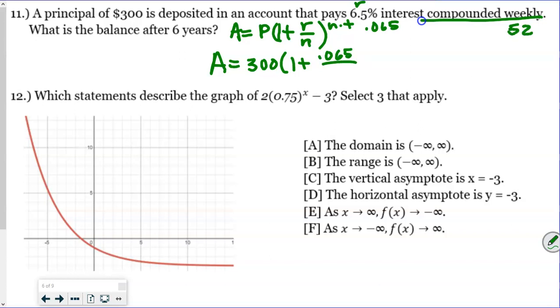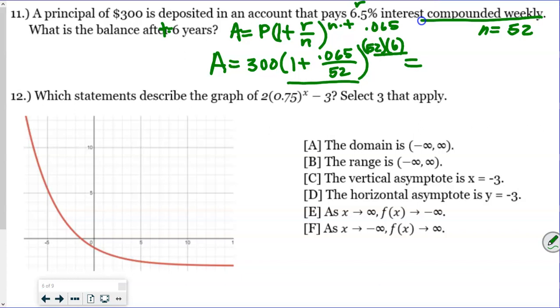There's 52 weeks in a year, so it's going to be 52, and then we're going to do the 52 times our time right here. That's our T, 6, okay? When we do all this, remember, if your calculator won't do it like it's written here, then do what's in the parentheses first, then take it to that power, and then multiply by 300, okay?